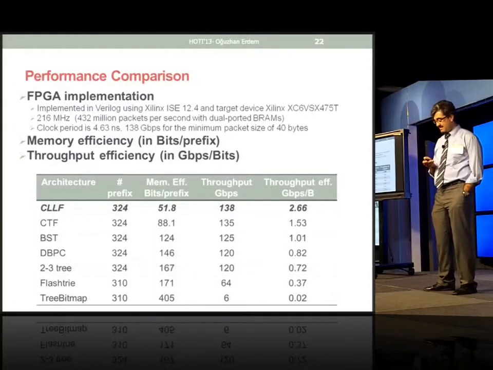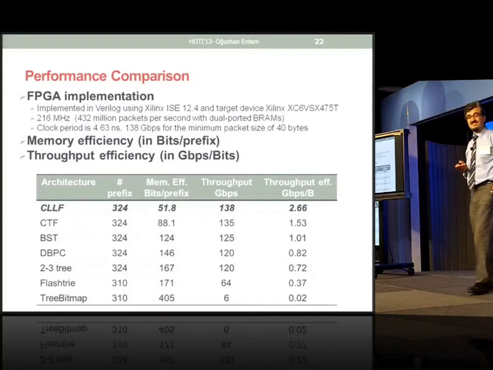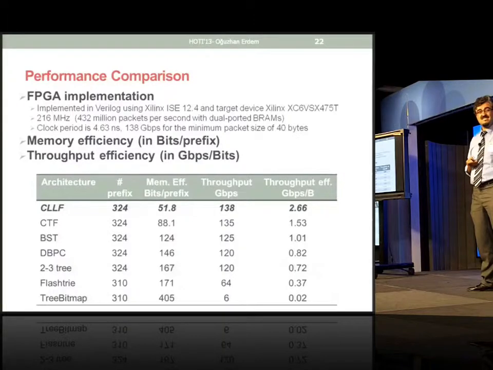More questions? I have a question about how easy it is to add new prefixes or remove prefixes from your tables, especially since you map it to a pipeline. Do you have to reconfigure the pipeline? Actually, update is another important metric in such architectures. It's incremental update. There is no need to reconfigure the pipeline. We just issue a bubble.